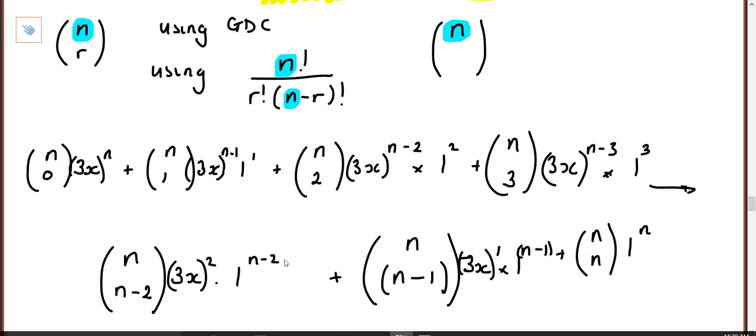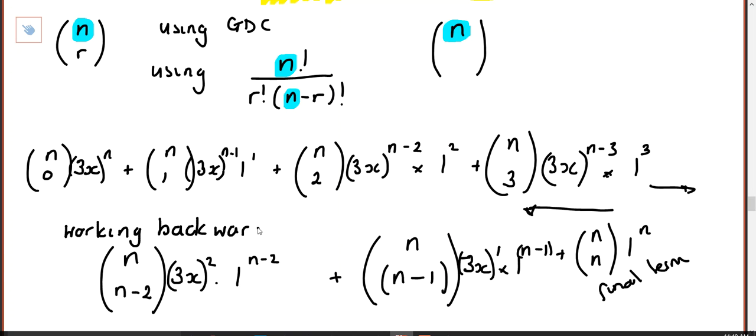Does that make sense? So rather than working that way, we've come backwards instead. We've started with the final term and we're working backwards to find the term in x squared, which is what we've got now.